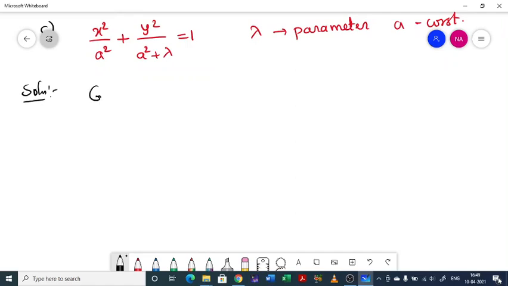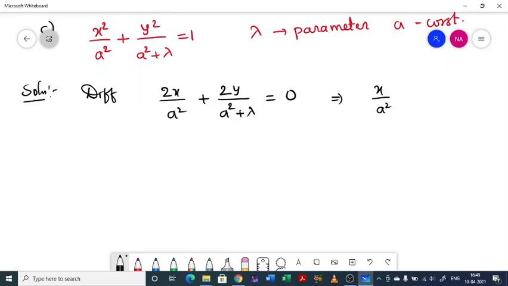Given, okay, it's not necessary to write the equation again. Differentiating with respect to x, we will be getting 2x divided by a square plus 2y divided by a square plus lambda equal to 0. So throughout dividing both sides by 2, it will be x by a square plus y by a square plus lambda equal to 0.